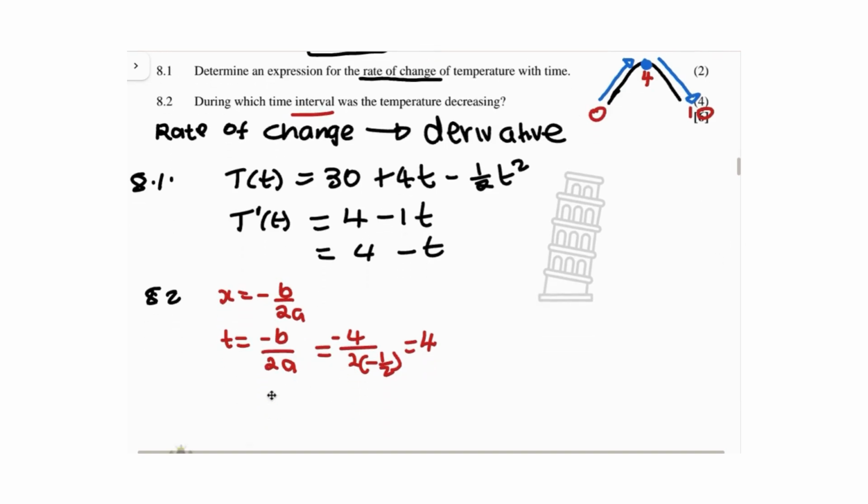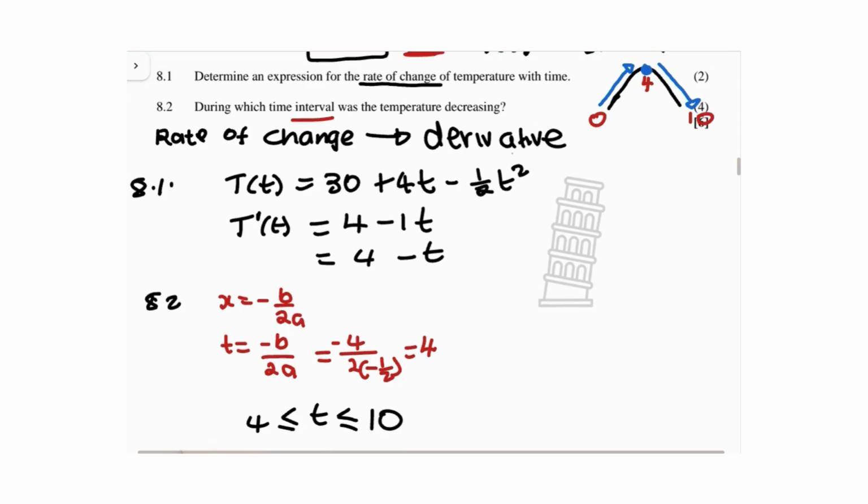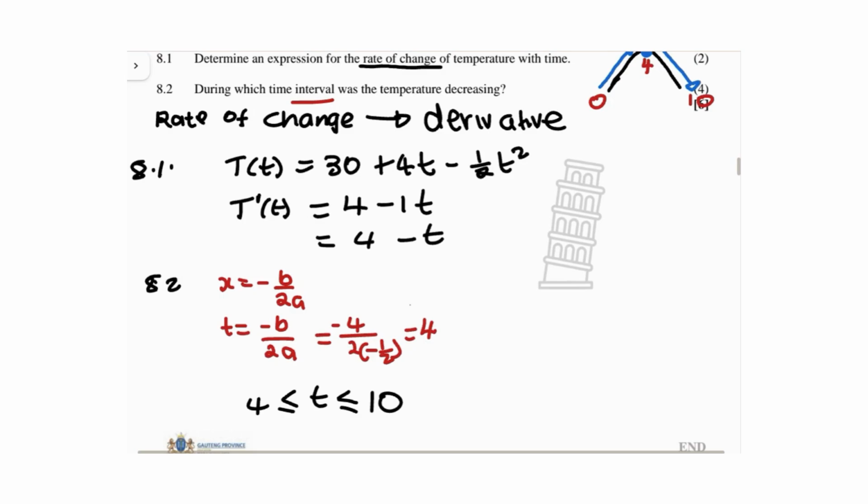So the interval is t must be greater than or equal to 4 and less than or equal to 10. That is where the temperature would be decreasing, and that is the final answer.